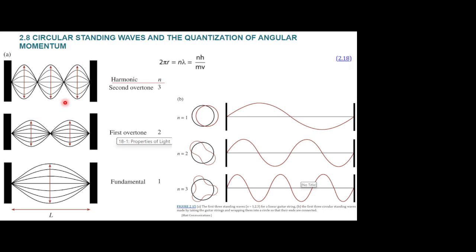So for example, this one right here is 3 times the wavelength of this wave here. And so we need to match those wavelengths 3 times. And we get the second overtone, 3, right? Because these are the overtones. This right here, 2. This one's 1 because we exactly match the wavelength.